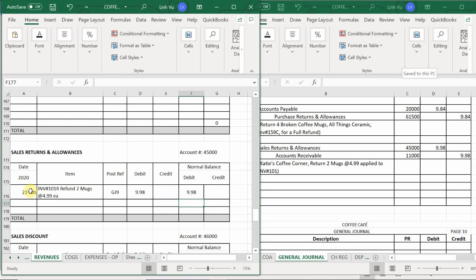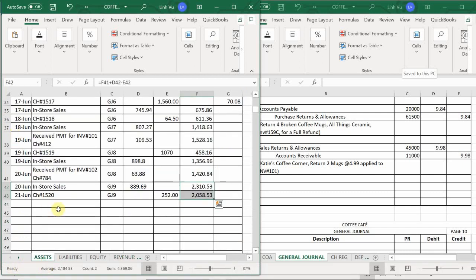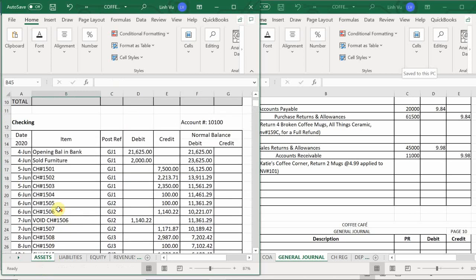All right. And then next we go to accounts receivable. Accounts receivable.